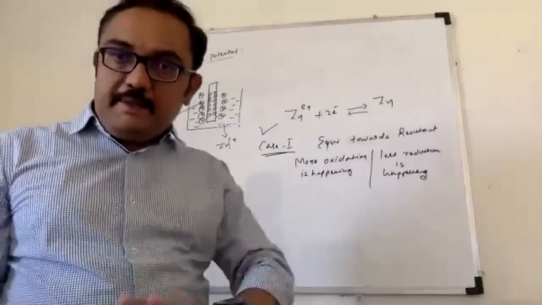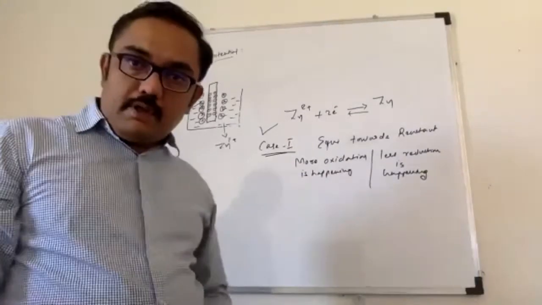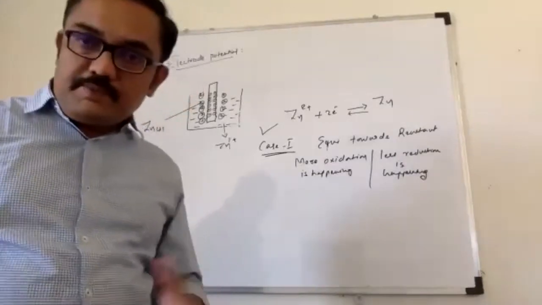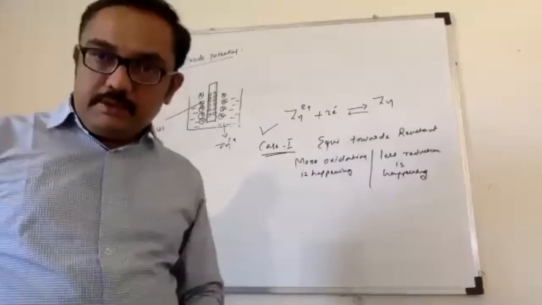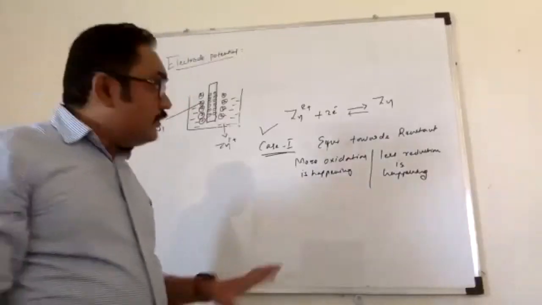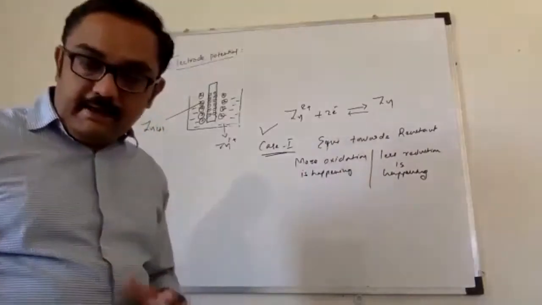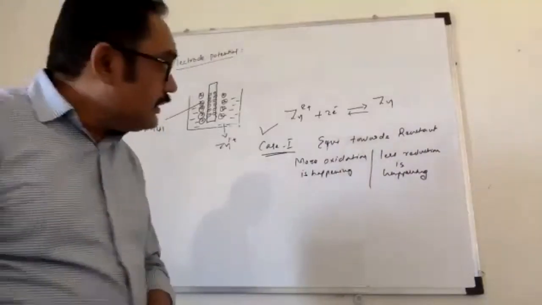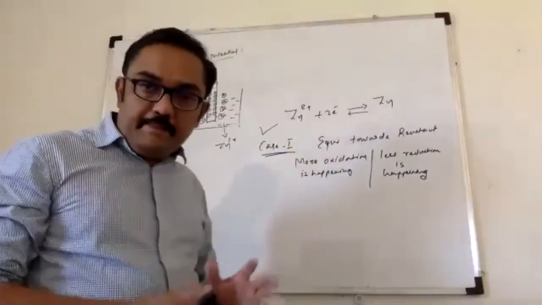So in this case, the reduction potential of such a metal ion system would be negative, and the oxidation potential of such a metal ion system would be positive. Like in the case of Zn, the point of equilibrium lies towards the reactant side. What does that mean?